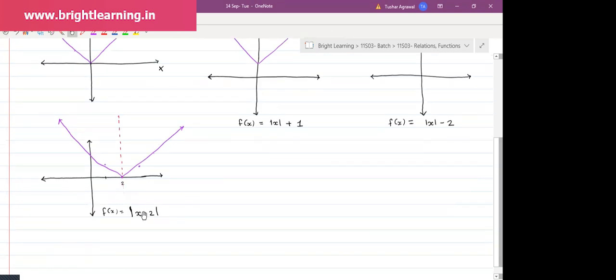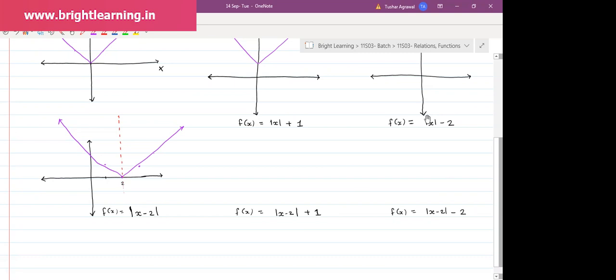Okay, then modulus of x minus 2 addition 1 you can draw. I think f of x is equal to modulus of x minus 2 plus 1, and modulus of x minus 2 minus 2, something like that you can also draw. f of x is equal to modulus of x minus 2 minus 2, let's say.